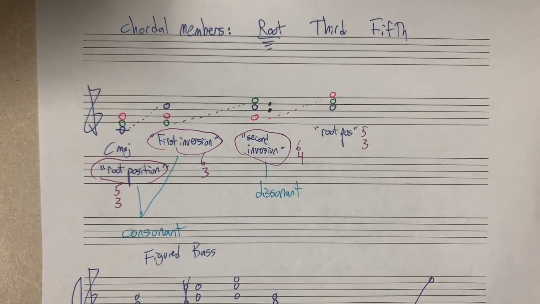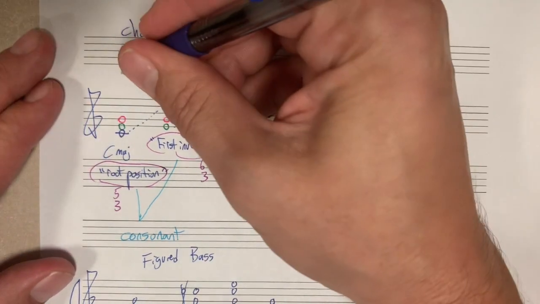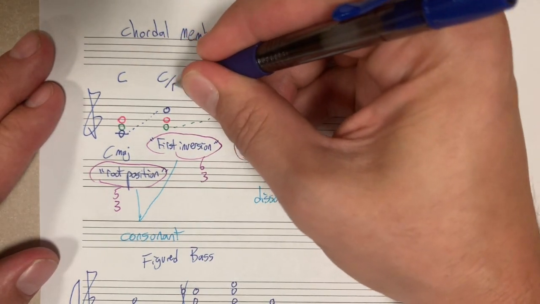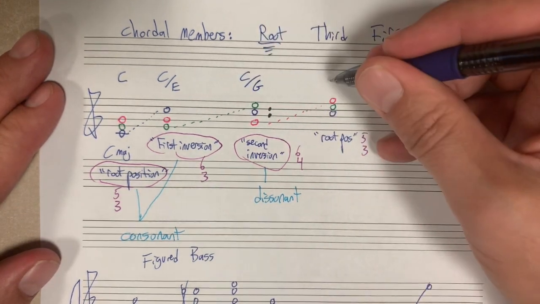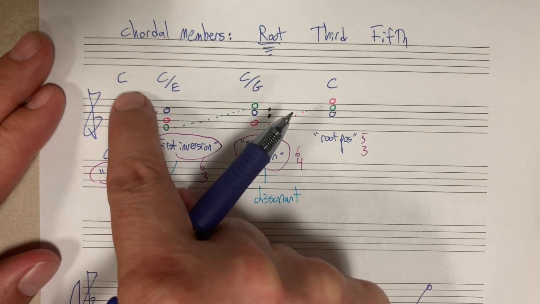The way we talk about chords today outside of classical music is more with names. And so here's how we would probably notate these chords today. We'd probably call this a C chord. We'd call this C with an E in the bass, and this C with a G in the bass, and then back to C. So when we just say a chord, we mean a major chord.